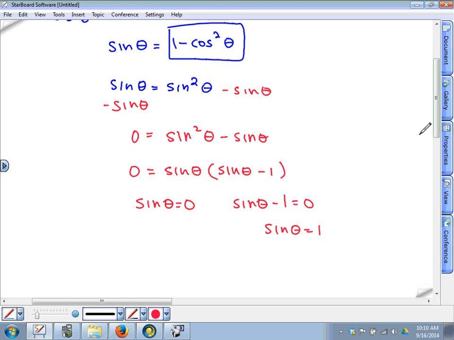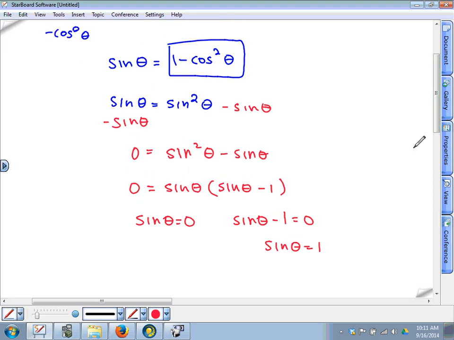So where is the sine equal to 0? Sine is y, right? Where on the unit circle is y equal to 0? 0 on one side of the circle, and on the other side of the circle, pi.